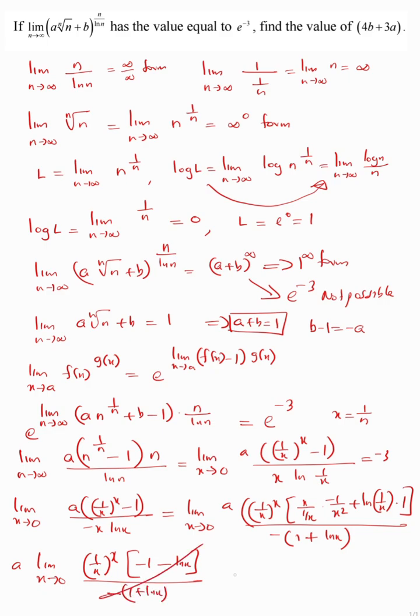Good, these two will cancel. So what did you get? A into limit x tends to 0, 1 by x raised to x. That is the same as n raised to 1 by n. Both are the same. So it will be a into 1. Understood? So what is a? A is minus 3. This limit is minus 3. So what is b? 4. So that's the answer for this question.